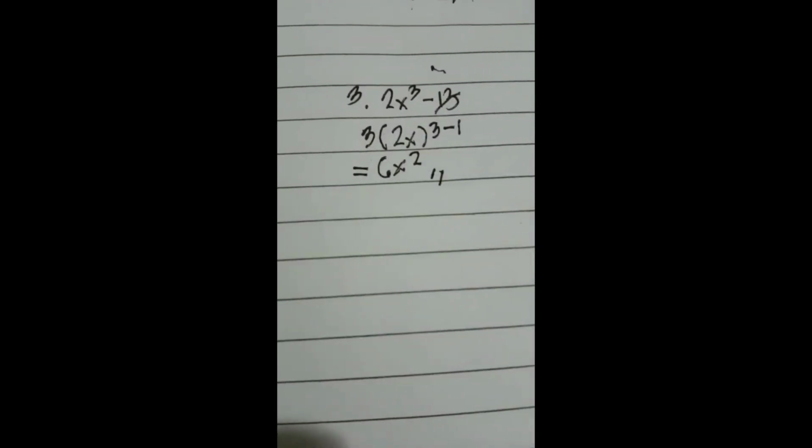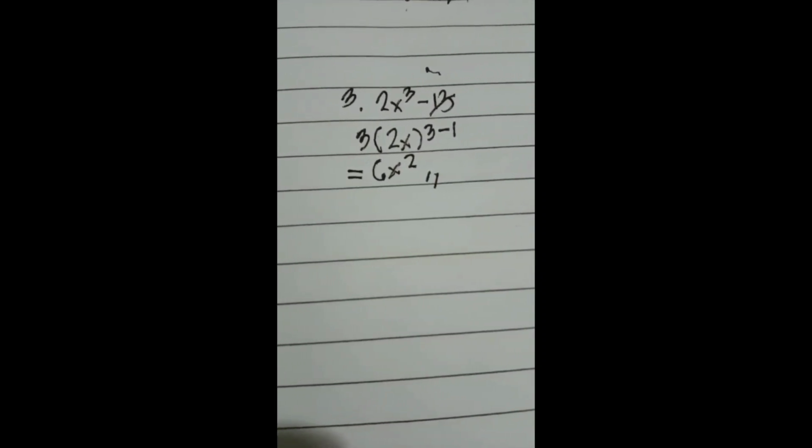So, next is distribute the 3 sa ating 2x. So, it will be 6x then minus the 3 sa ating 1 and it will be 2. So, ayan ang ating final answer. Our final answer is 6x squared. So, ayan lang po.